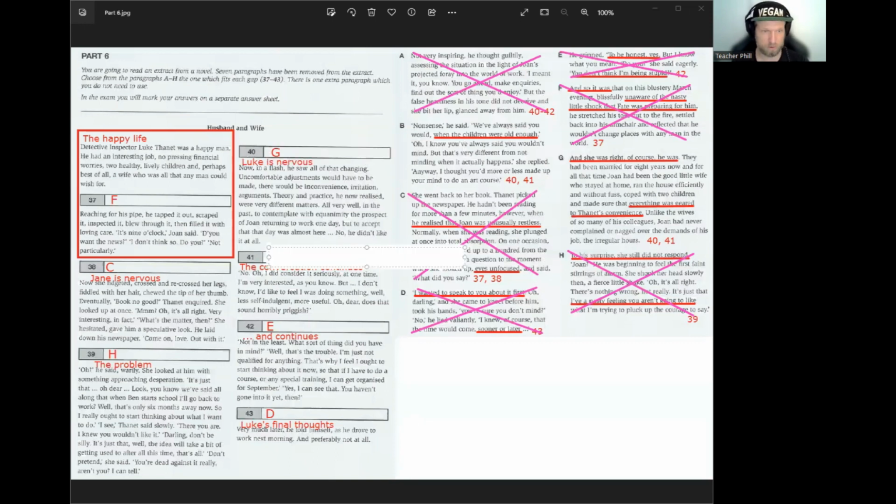I think I like that more. Because G and the following paragraph give Luke's thoughts, and then B continues the conversation. All right, so I think I will stick with these answers.